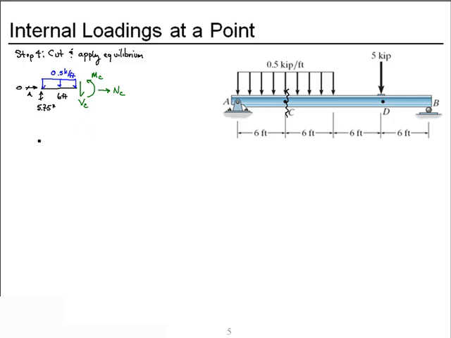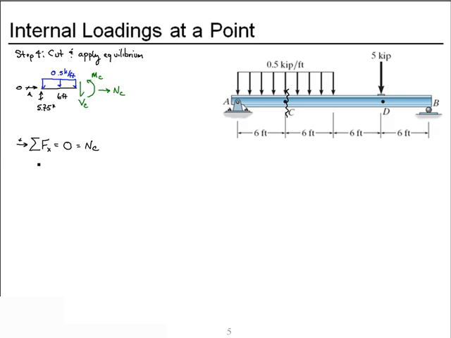Let's apply equilibrium in the x direction. We'll take to the right as positive. There's nothing from the reaction at A, so it's only the normal force at C.